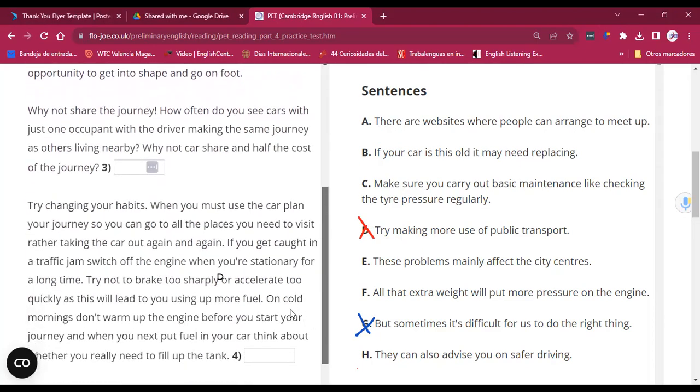Why not share the journey? How often do you see cars with just one occupant, with the driver making the same journey as others living nearby? Why not car share and halve the cost of the journey?